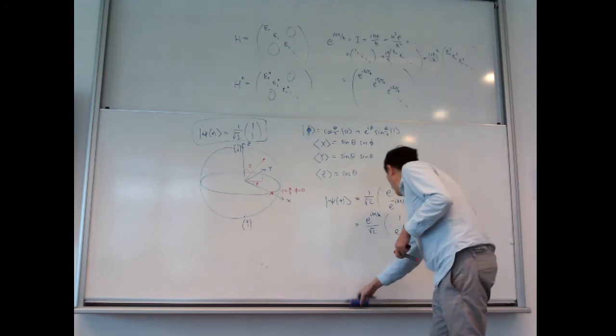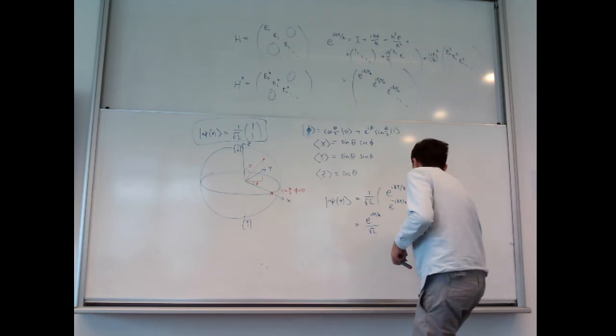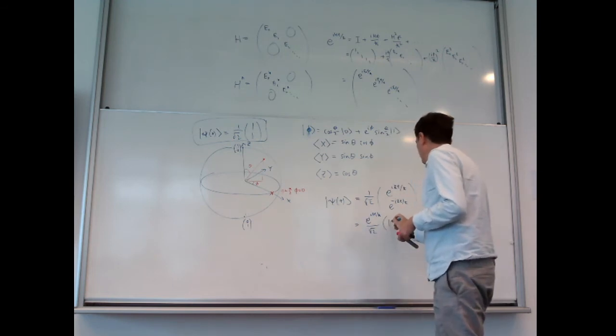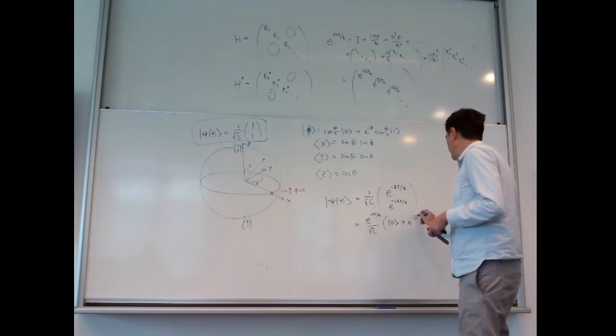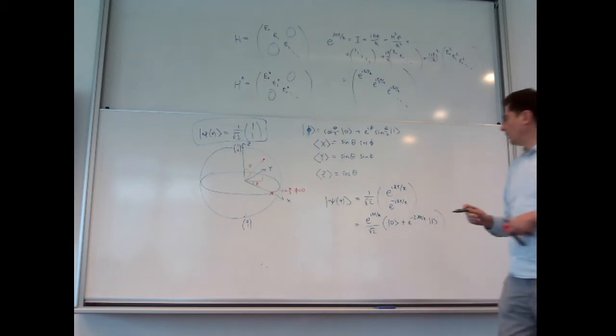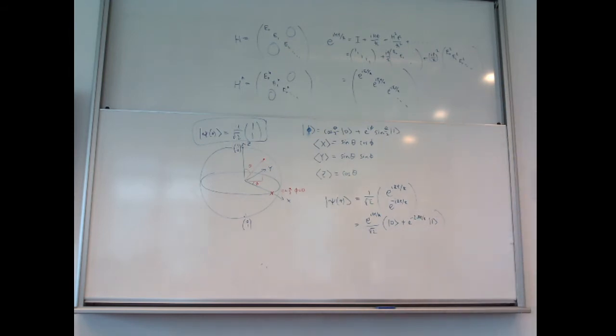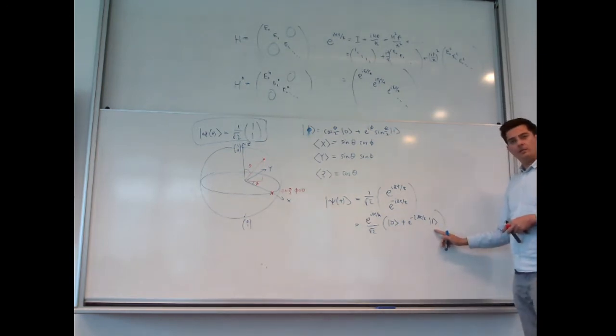And then I can make it even more obvious by writing it in bracket notation. This is 2 i b t over h bar. So after I evolve with the Schrodinger equation, it's going to turn into this state.